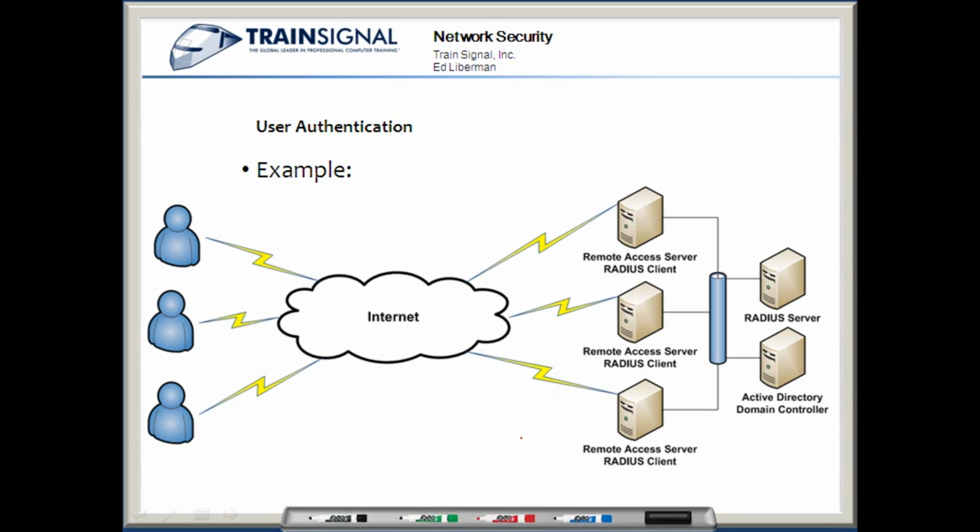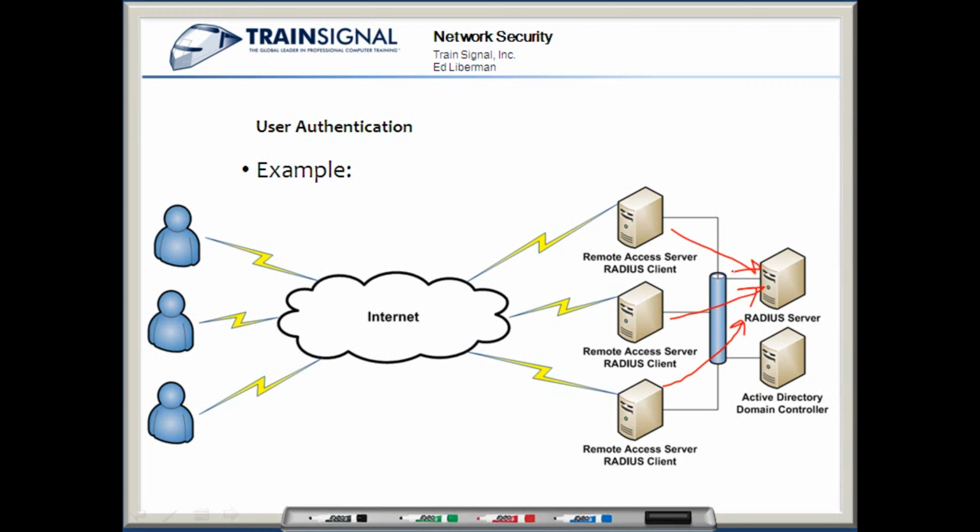And what that means is those remote access servers aren't going to be able to provide remote access service all by themselves. They will all have to go ahead and get their instructions from a Radius server.